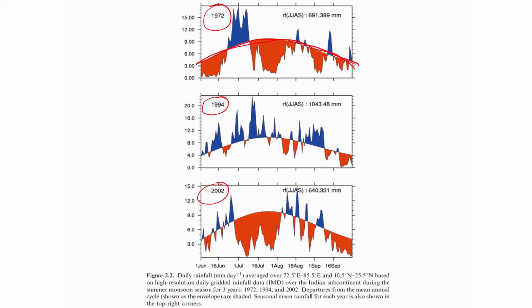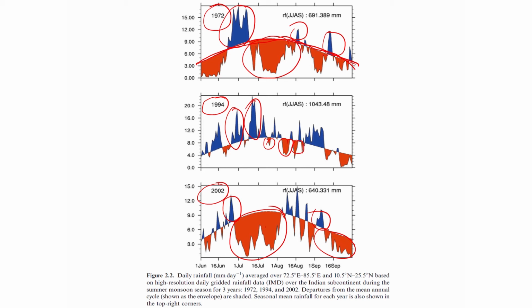So you can see that when rainfall is above here, it is the active period. There are these active periods, and when rainfall is below, this is the break period. So you can see that these years look similar with long break periods and short active periods, whereas this year has a lot more active periods with fewer, shorter break periods.